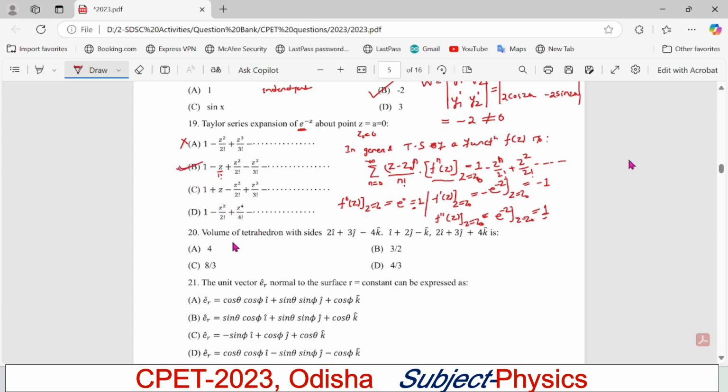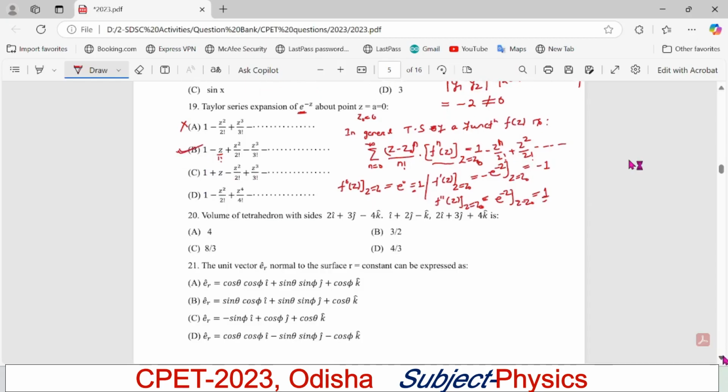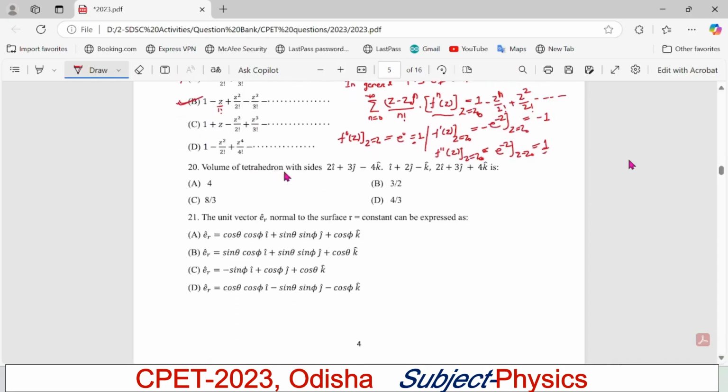Now we are going to move to the next question, question number 20. The volume of the tetrahedron with sides, these three vectors are given: 2i cap plus 3j cap minus 4k cap, i cap plus 2j cap minus k cap, and 2i cap plus 3j cap plus 4k cap.